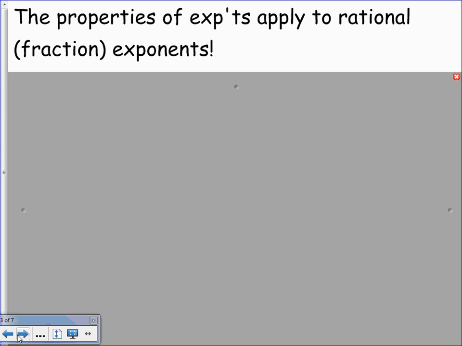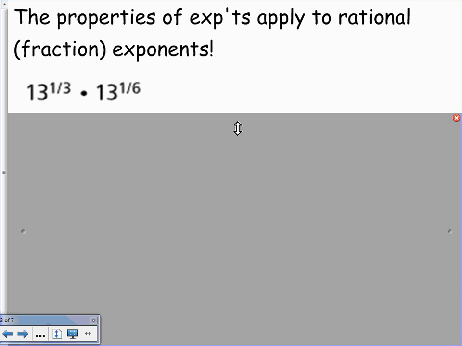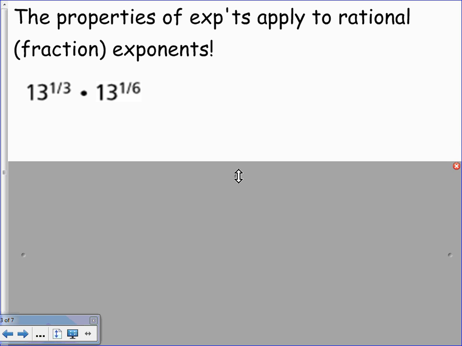So I've got a couple of examples here, and we'll try to decide what we should do with our exponents in each of these examples. So my first example is 13 to the 1/3 times 13 to the 1/6. The big question you would have to ask yourself, like on Tuesday's quiz, is, do I add, subtract, or multiply here?